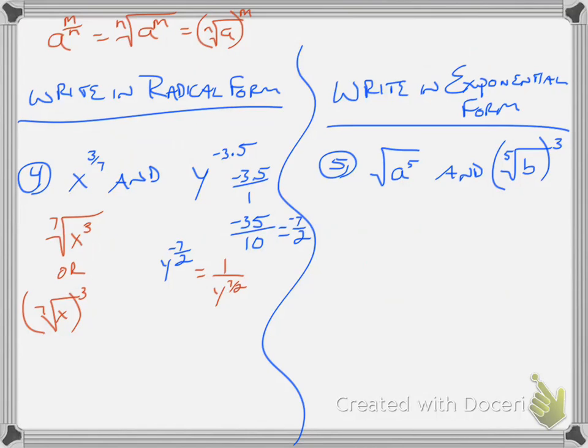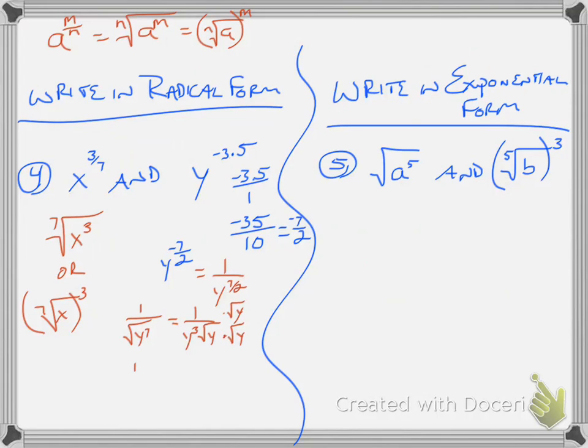And I'm going to come down here, and I have 1 over the square root of y to the 7th. And I can't leave that radical in the denominator, so I'm going to simplify it, and I can bring a y to the 3rd out, and I'm left with square root of y. I'm left with 1y on the inside, and I still have a radical in the denominator, so to rationalize that, I'm going to multiply by the square root of y.